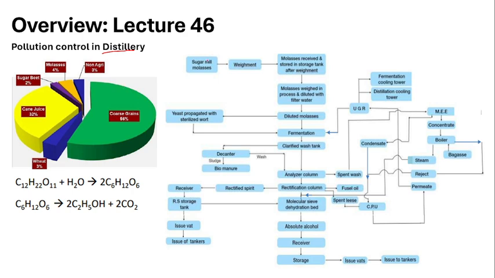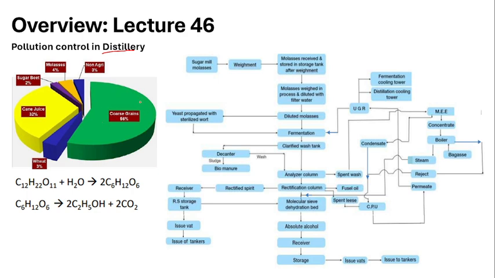Worldwide, the major feedstock used for producing alcoholic beverages includes the coarse grains. These coarse grains include rice, maize and corn. Barley, everything will come under the category of coarse grains.